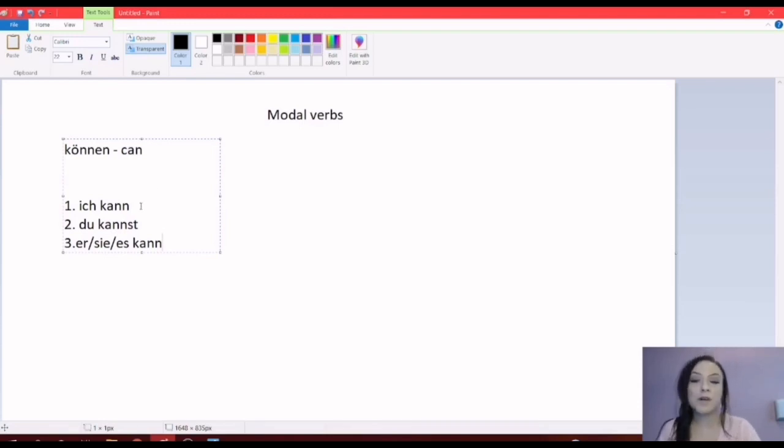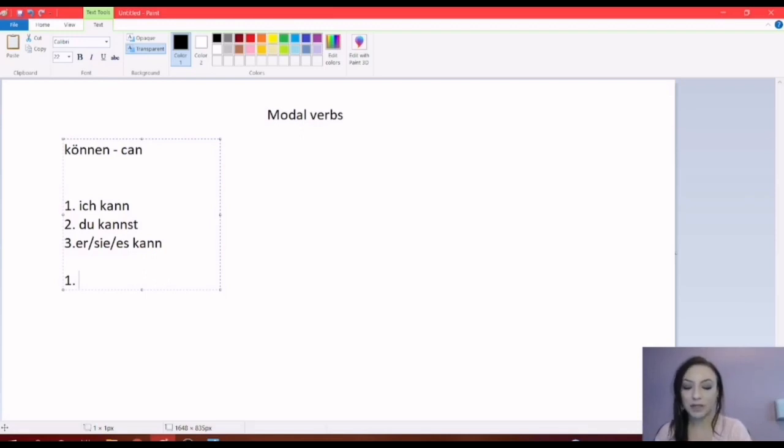First and third person singular are always the same when it comes to modal verbs in German. In the second person singular, we add the ending -st, but still, the stem is irregular. So you have to memorize the singular forms. Plural is luckily regular, which means that you add the endings which you generally add to regular verbs in the present.